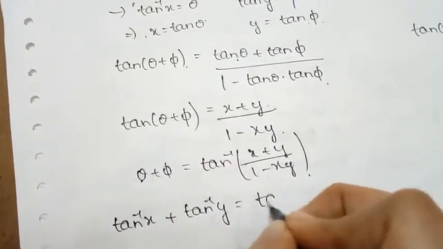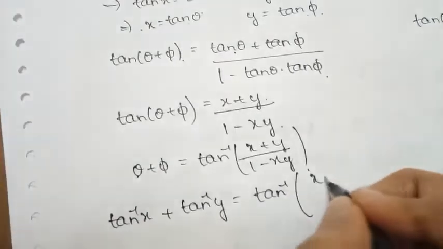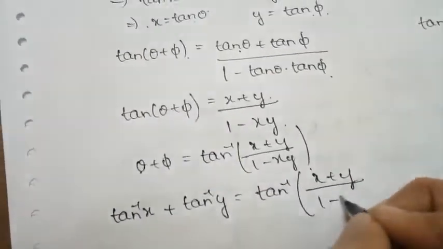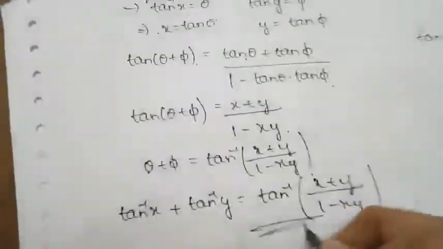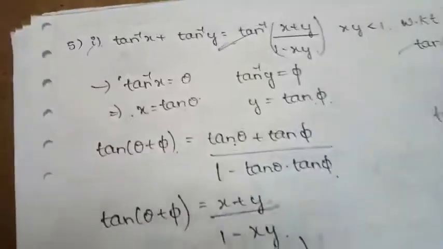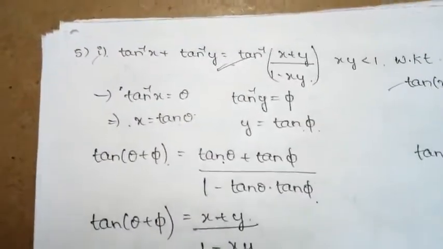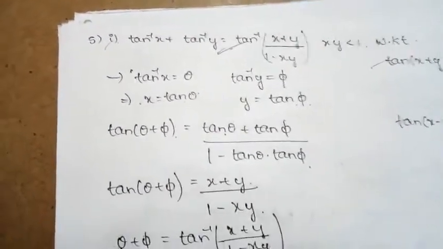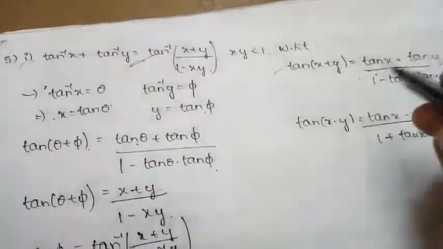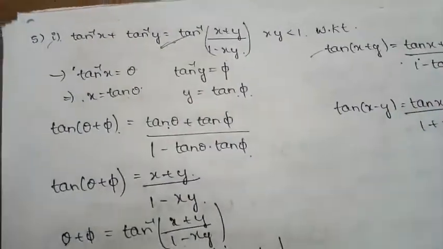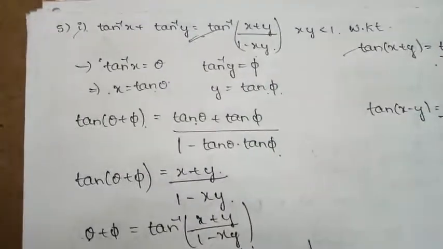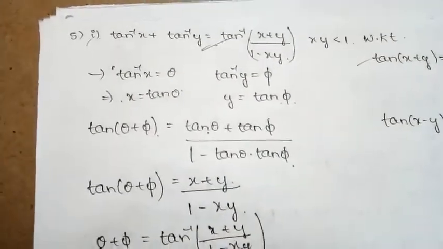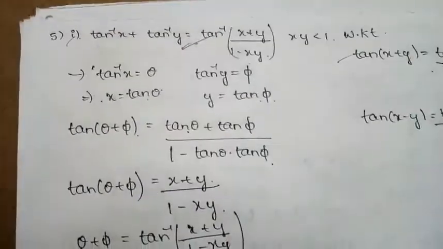So tan inverse of x plus tan inverse of y is equal to tan inverse of x plus y divided by 1 minus xy, which is the required property. So whatever properties we are learning in inverse trigonometry, all of them are a bit similar to the trigonometric properties, so that you can easily remember the inverse trigonometric properties along with the trigonometric properties.